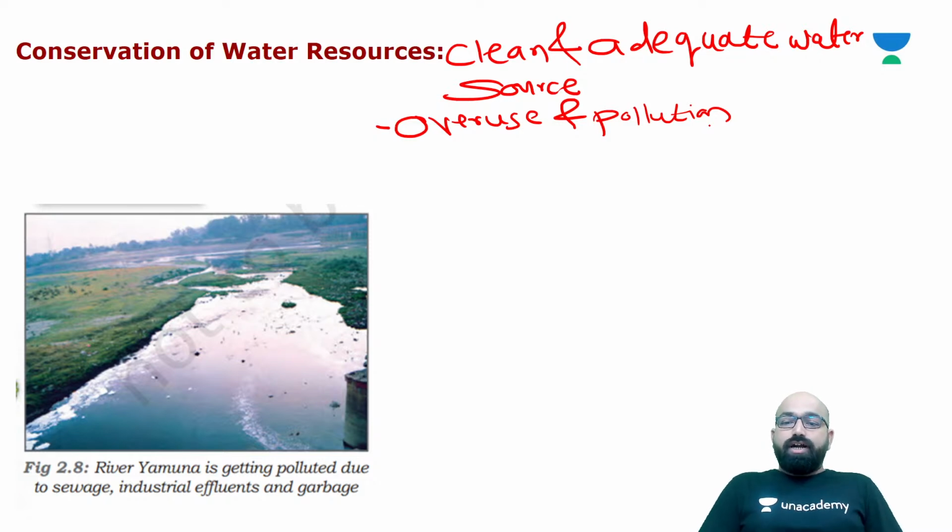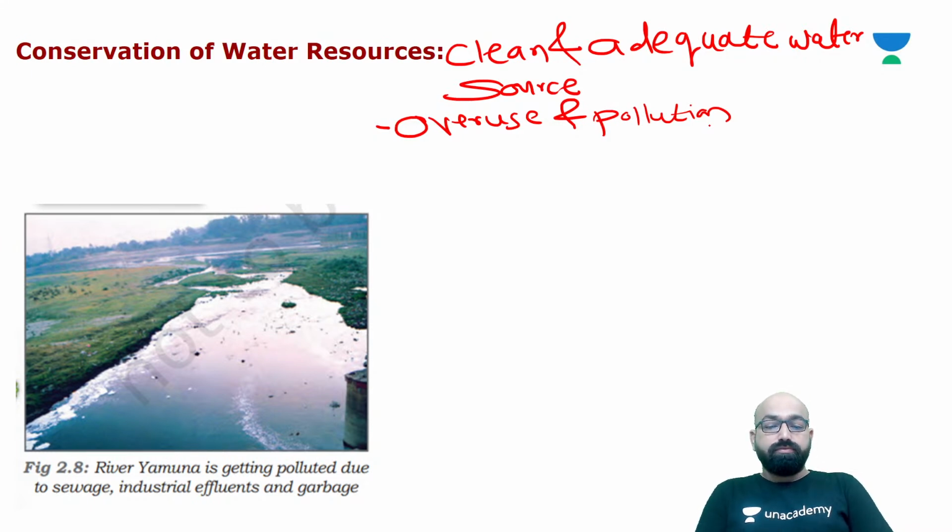Discharge of untreated or partially treated sewage, agriculture chemicals, and industrial effluents in water bodies are major contaminants. So friends, they pollute water with nitrates, metals, and pesticides.